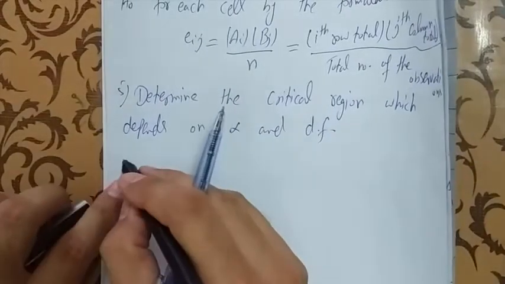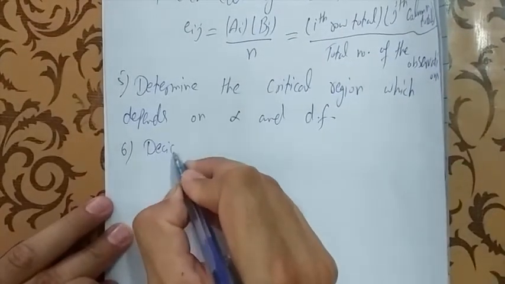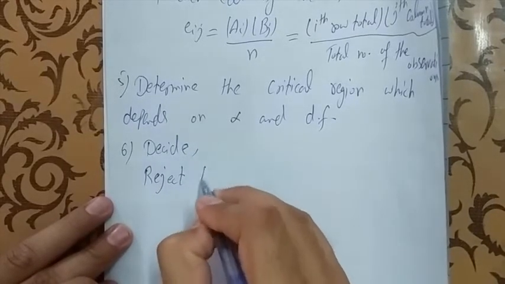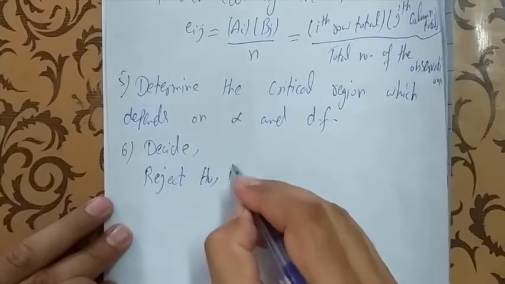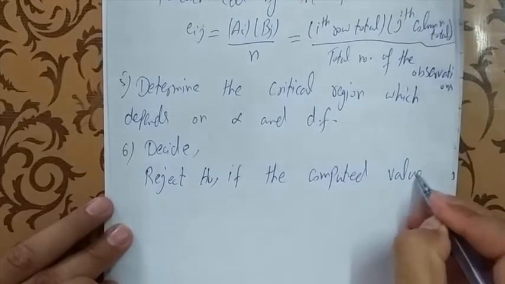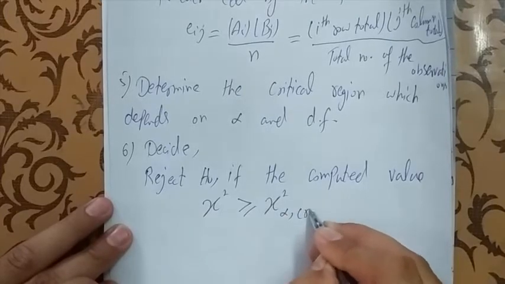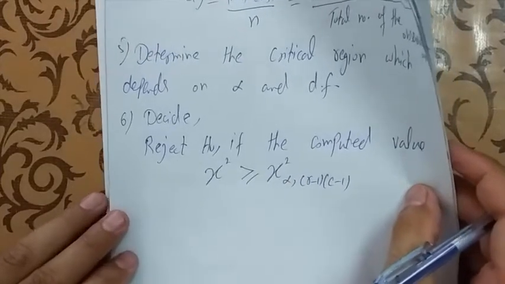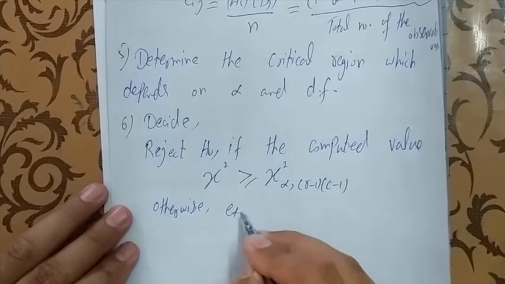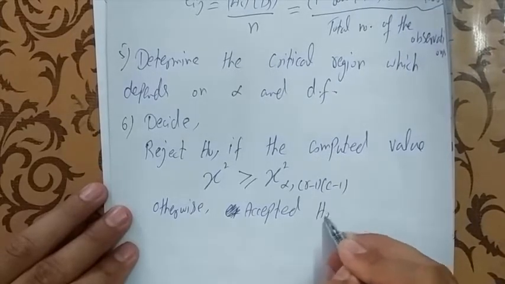In the sixth step, decide: reject H naught if the computed value of chi-square is greater than or equal to chi-square alpha with (r minus 1)(c minus 1) degrees of freedom. Otherwise, accept H naught, the null hypothesis.